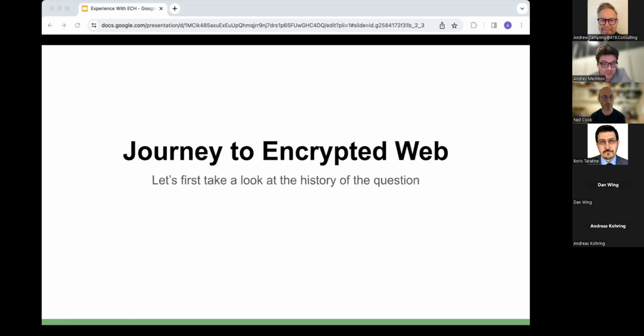But before talking about Encrypted Client Hello specifically, let's take a quick look at the history of the question. This might help us understand better the need for it and how the adoption will progress with time.